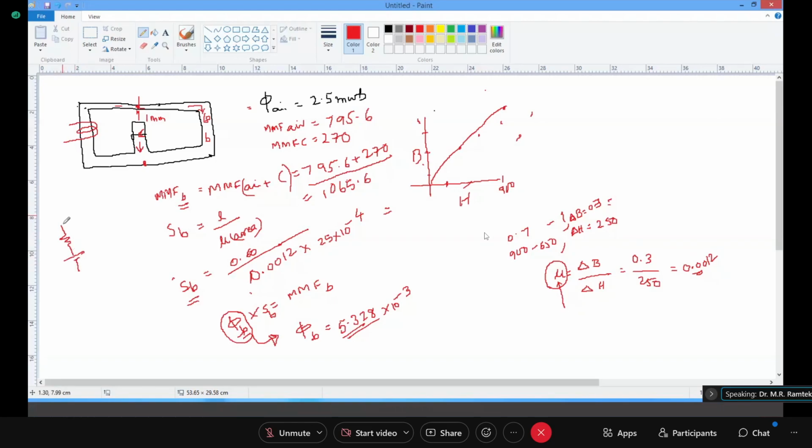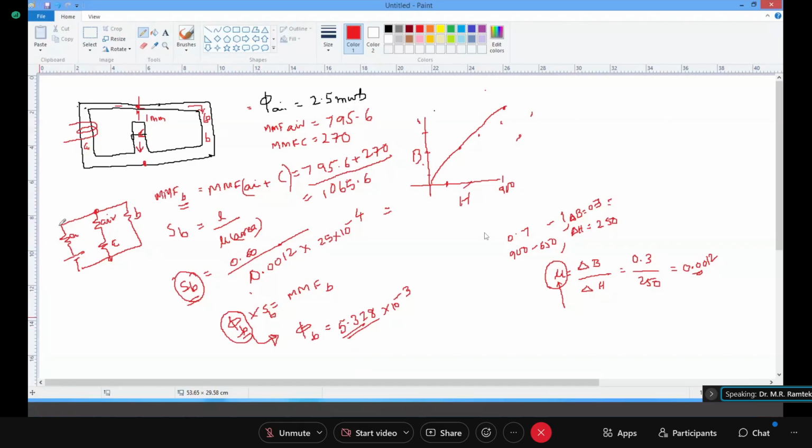Here you have air gap C. So this is B, this is air, and this is A portion. After getting MMF at B and reluctance calculated, you can calculate the value of phi.